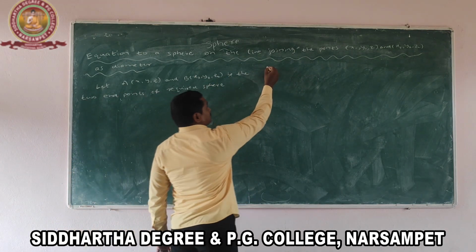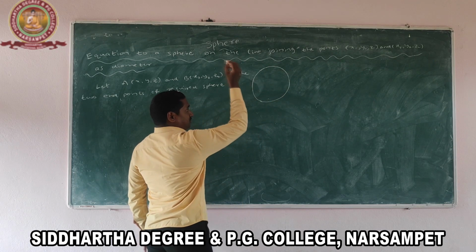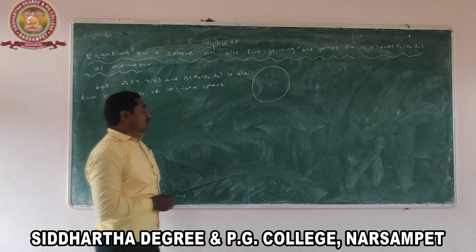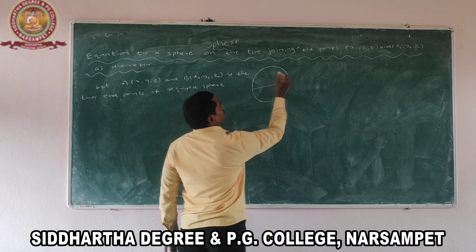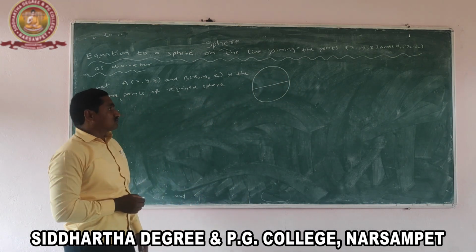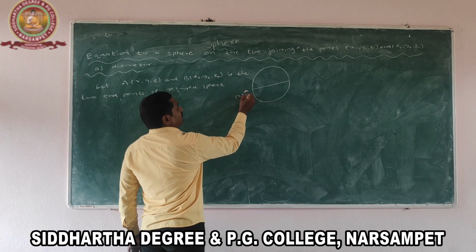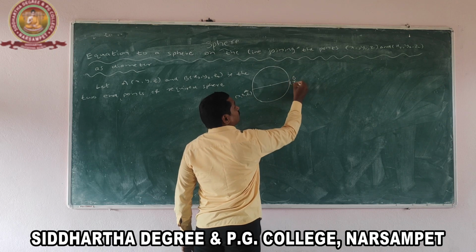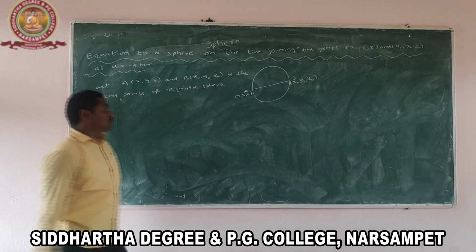It means suppose this is our required sphere, and this is its center. Now any line through the center is called its diameter. Let us take this one as A, x1, y1, z1 and this one B, x2, y2, z2, right?